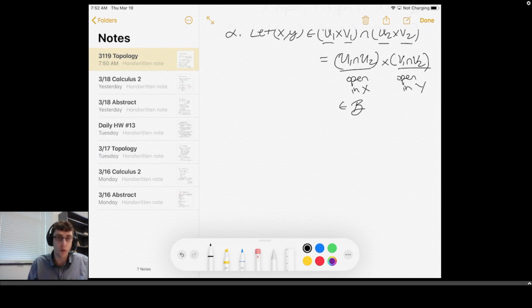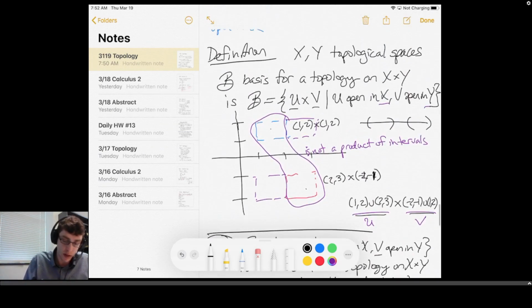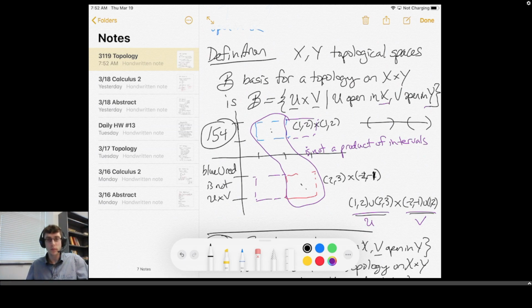So 154 was that example above. This is our example of not all open sets being of the form U cross V. And your example would be the blue union the red. So blue union red is not U cross V. So we already have our example.